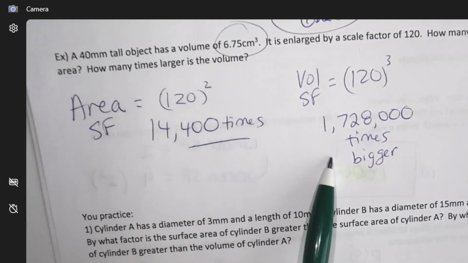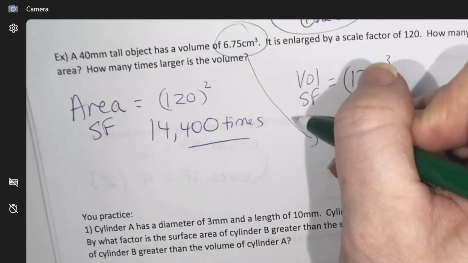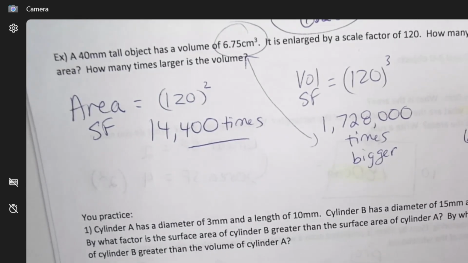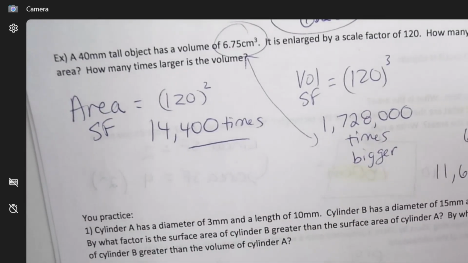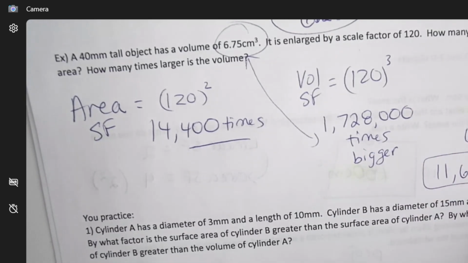So I'm going to multiply. So that would be the volume of the object at the end.